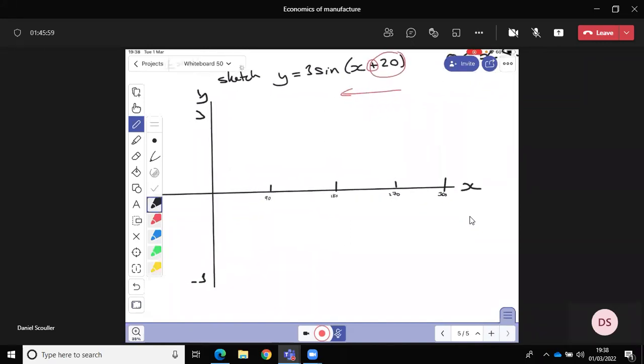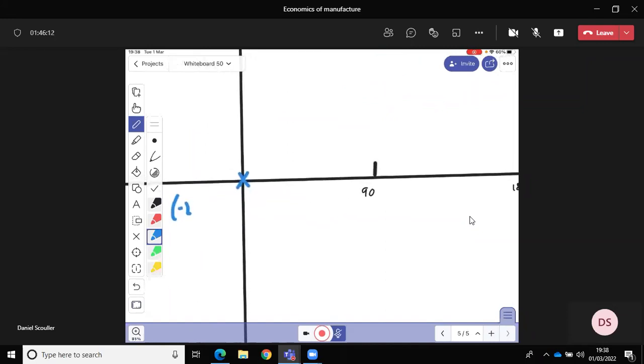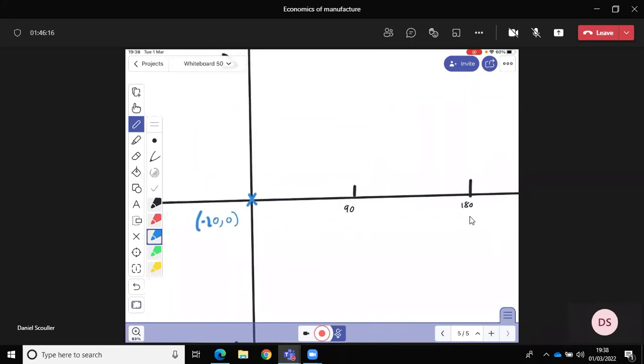So we go to our milestones. Our first milestone is 0, 0. That becomes minus 20, 0. So it doesn't change in the y-axis, it becomes minus 20 and 0.